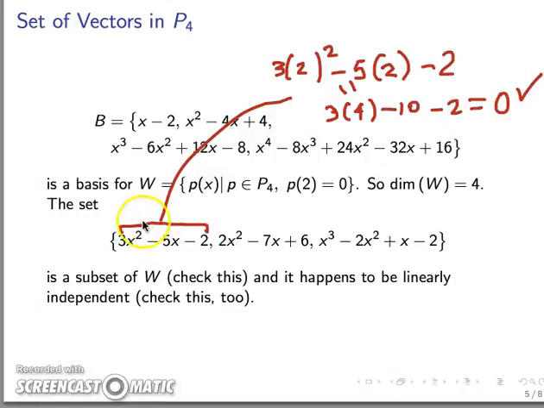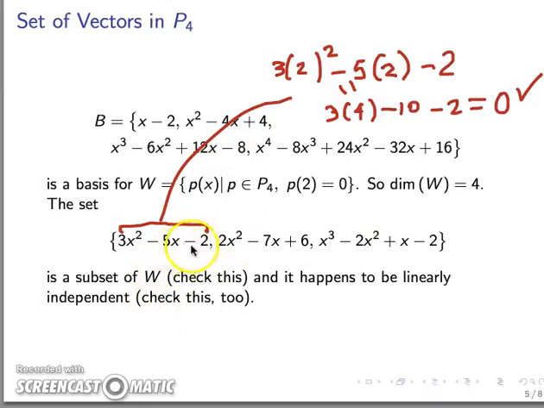So indeed, this expression, when evaluated at 2, equals 0, and that's precisely what is needed for that polynomial to have 2 as a root, and to also be considered a polynomial of degree 4 by adding some extra coefficients there. So you can verify that the other elements of this set are also members of W.